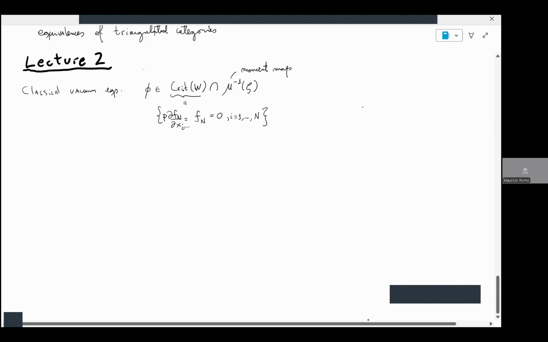And the moment map equation in our example was given by minus the norm of p squared plus the sum from i equals 1 to n of x_i squared equal to theta, which was just a real number.